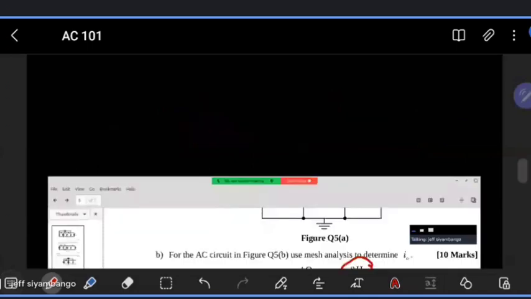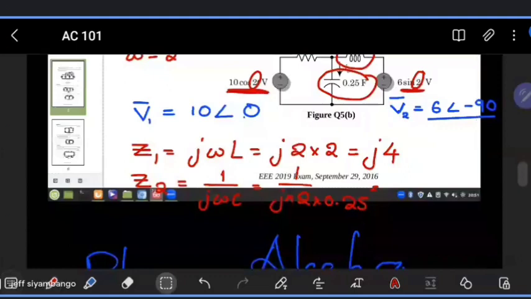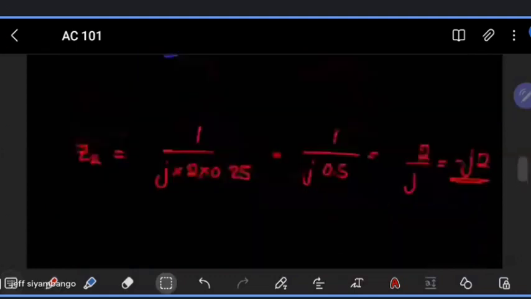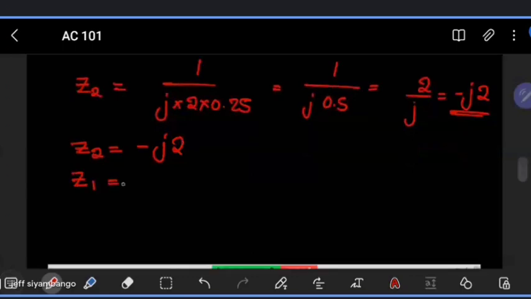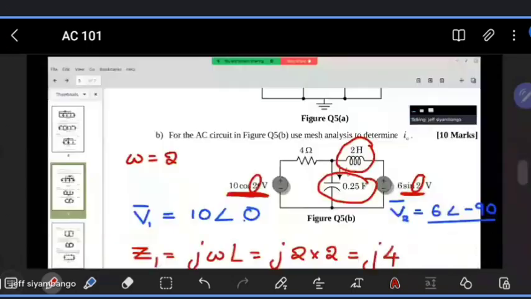So our Z1 is this one, J4. So we have Z2, minus J2, Z1, J4. So what are we now seeing for our circuit?